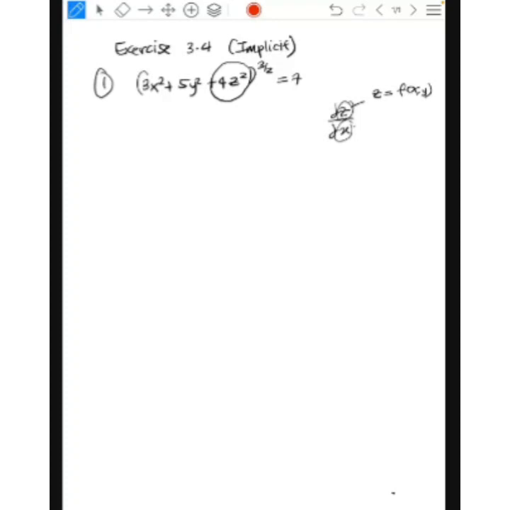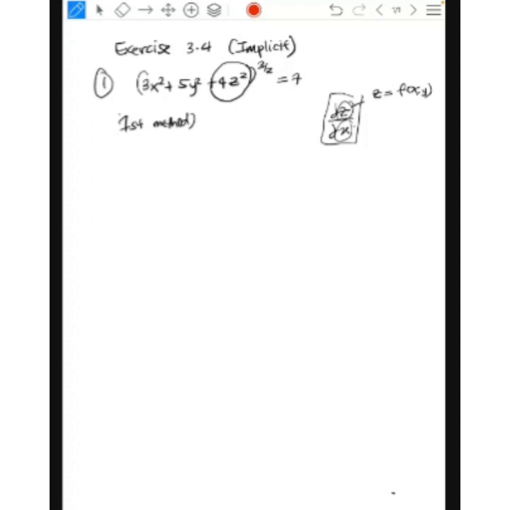Okay, so let's say we find del z del x, and we use the first method first. To find the implicit derivative, there are 2 methods. The first one is you differentiate directly, implicitly. The second one is you differentiate using a formula.